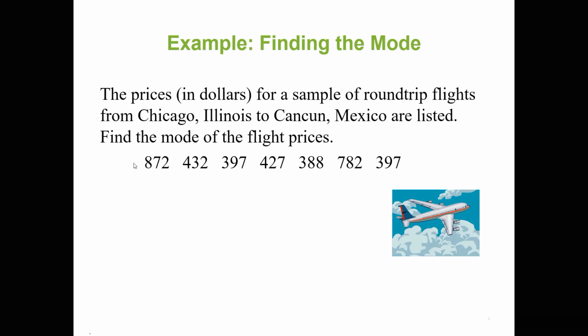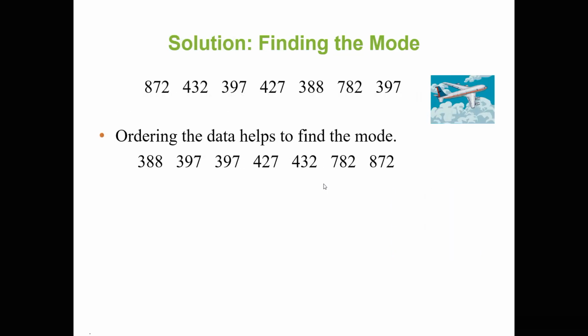So here, for example, the first thing is to order it so that we can see scores that occur more than once. There are cases where you don't have any mode, when everything occurs only once. Then you have a problem. Here, let's order this data set. Once you order it, you are looking for scores that occur more than once.